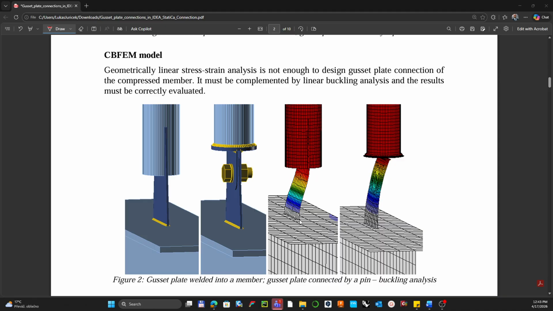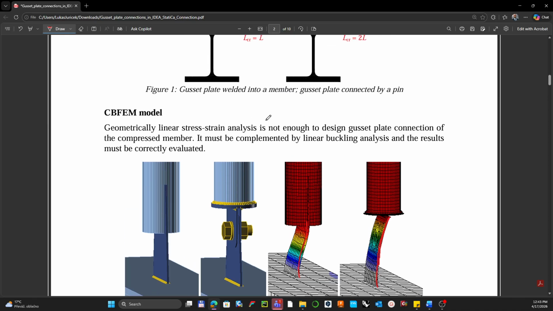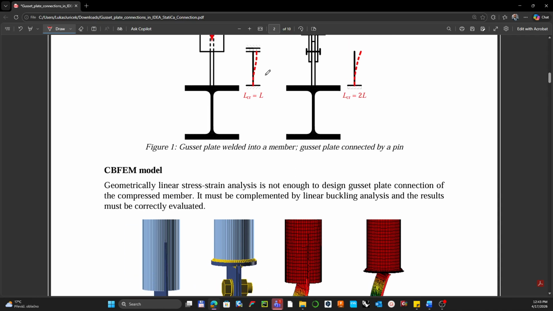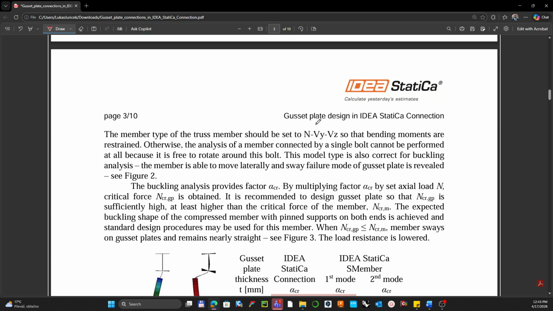You can see the shapes that come from the buckling analysis, and you are able to see the same trend that is explained in the analytical model. The member type of the truss member should be set as N with the Vy, Vz constraint, which means that the bending moments are restrained.